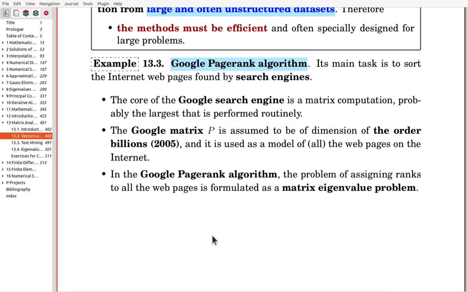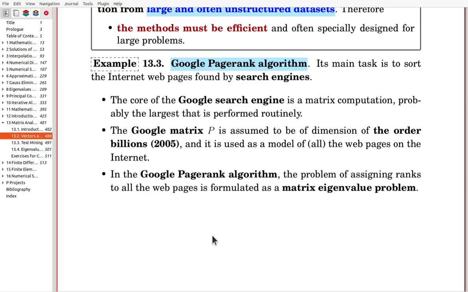The core of the Google search engine is matrix computation, probably the largest that is performed routinely. The reason is the dimension of the Google matrix is about 10 or 100 billion.